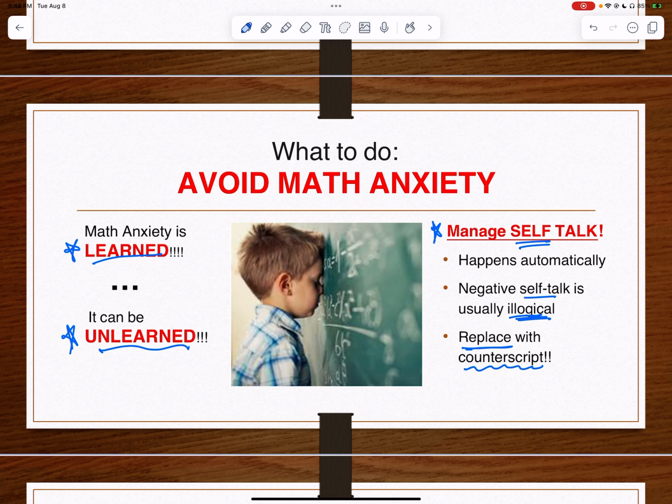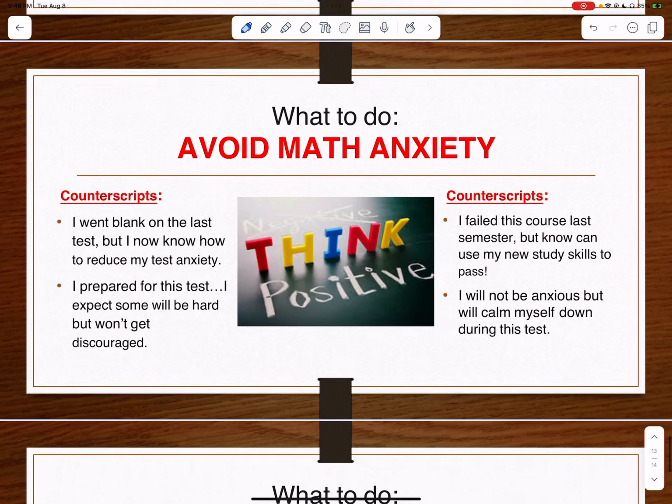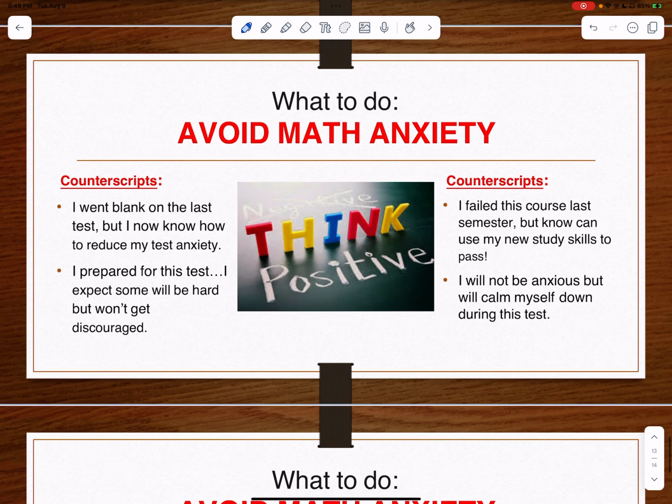So I want you to look at some counter scripts. Let's see. Here's some. So what if you went blank on the last test? If you went blank on test number 1, and you start taking test number 2 and you're starting to draw a blank, normally, you might say, I went blank on the last test and failed it, and here I go again.